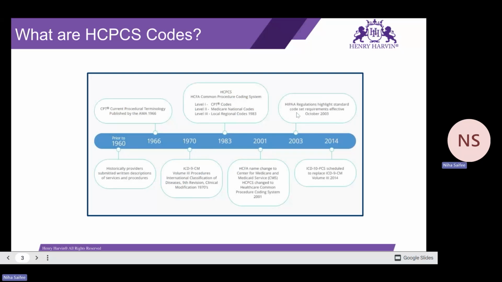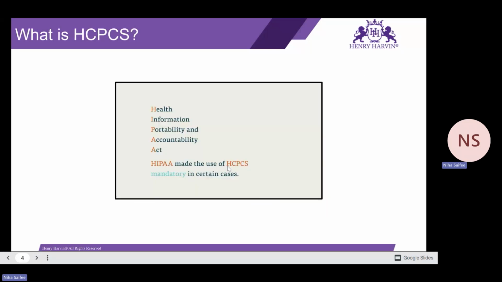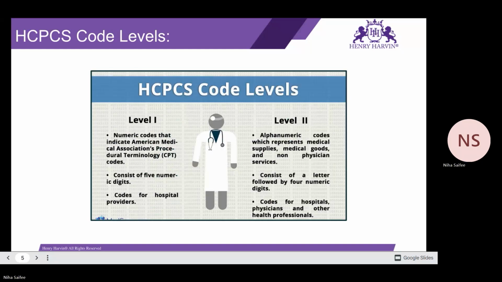In 2003, HIPAA regulations highlighted standard code set requirements, effective from October 2003. HIPAA made the use of HCPCS mandatory in certain cases. Level 1 has CPT codes. CPT codes are only digits, 5 digits.